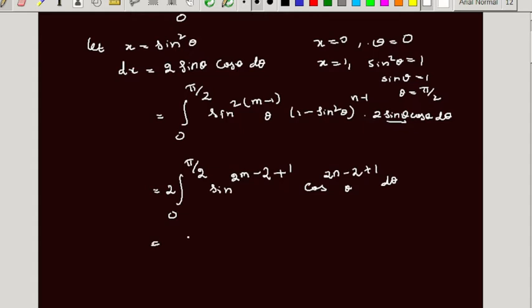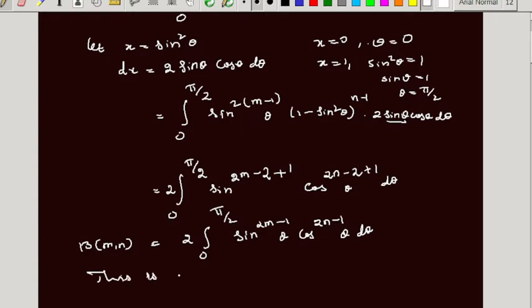So if we simplify this one, we can write it as 2 times integration 0 to pi by 2 sine power 2m minus 1 theta into cos power 2n minus 1 theta into d theta. This is the alternative formula.